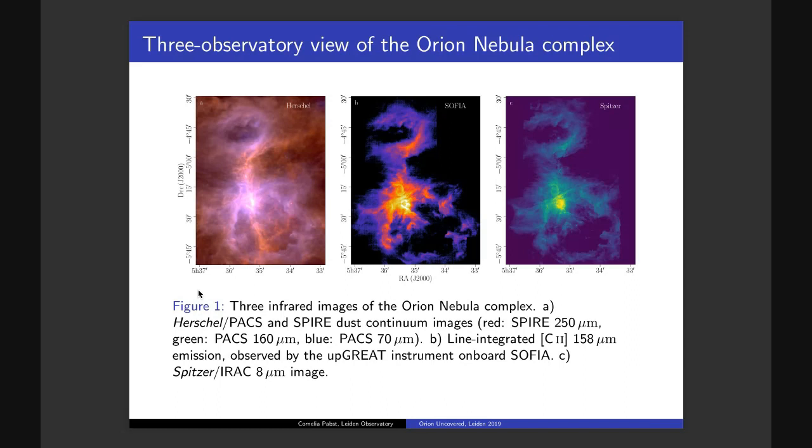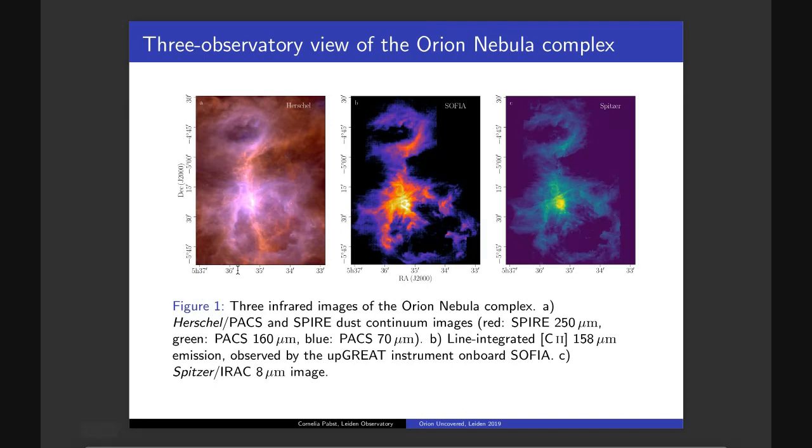The left panel is virtual photometry, with the two PACS bands at 70 and 160 micron, and the SPIRE band in red at 250 micron.